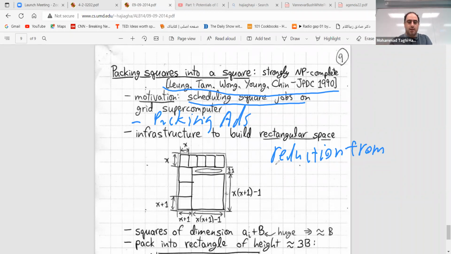Good. So this is the reduction from rectangle packing, and that's exactly the reason we are working with these problems.